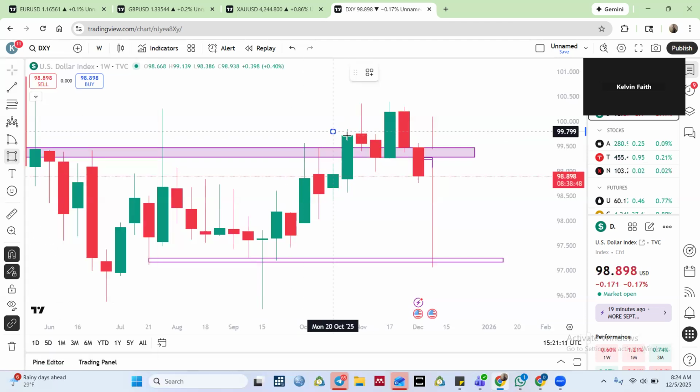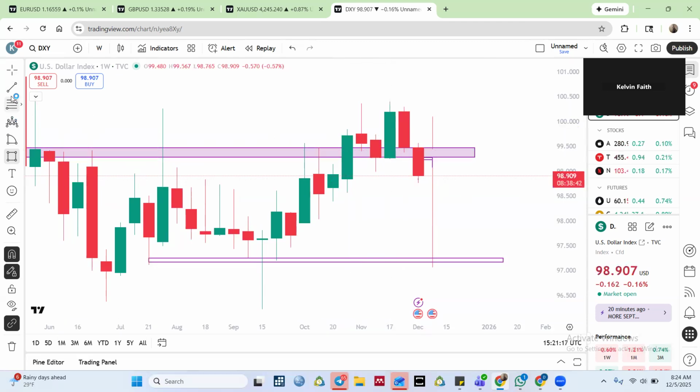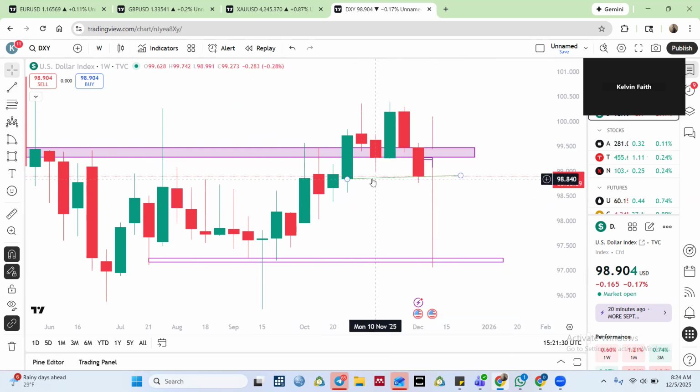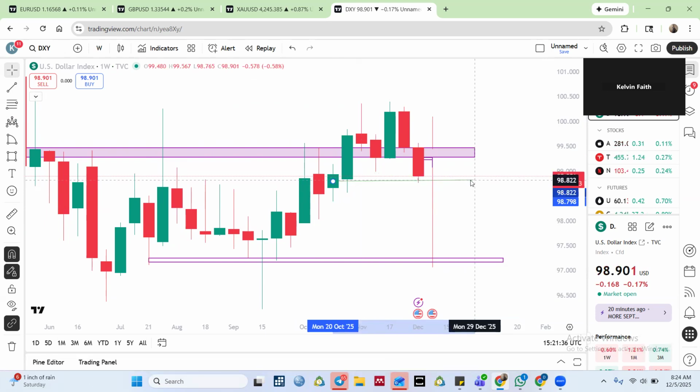Right now, you see this bullish candle here. Look at the low of that bullish candle. We will need that bullish candle to be totally taken out.